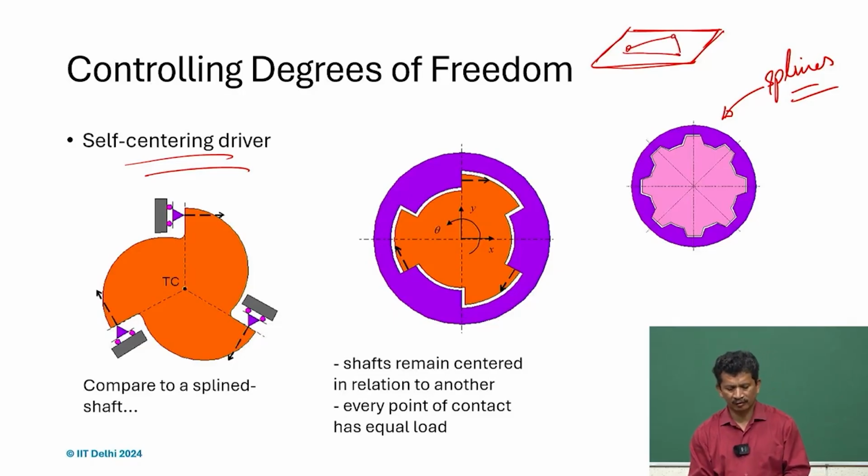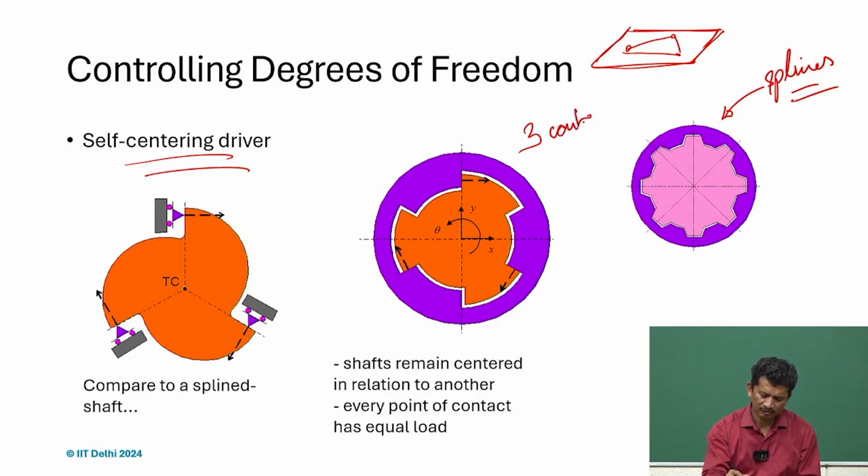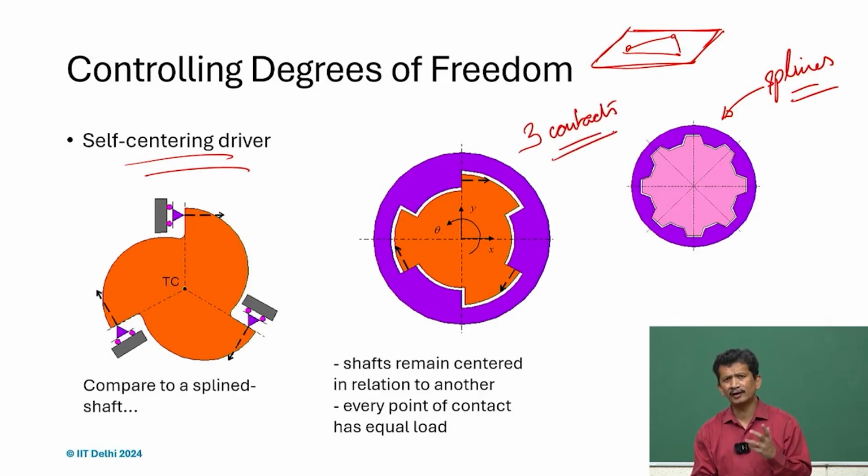In the case of radial constraint, where things are rotating, here also we realize that 3 is the number, 3 contacts, and they will define the position.